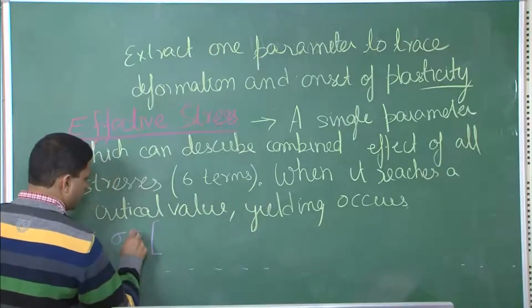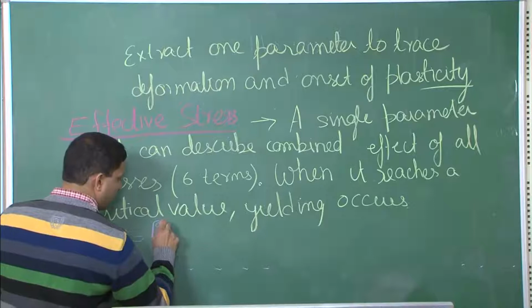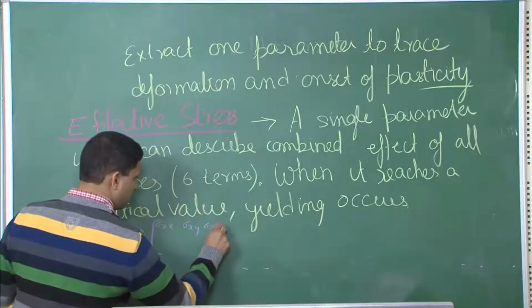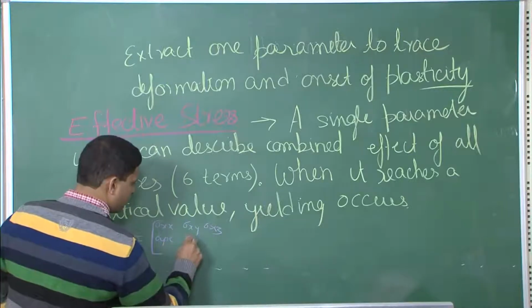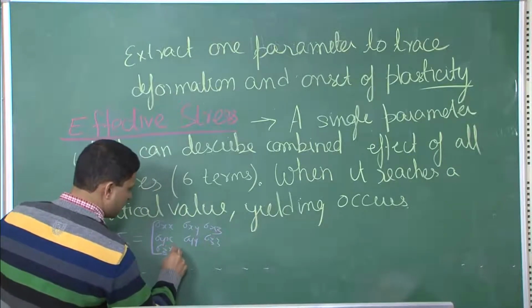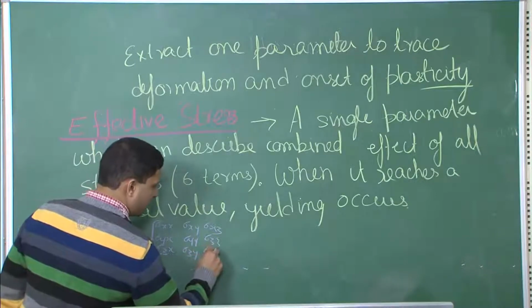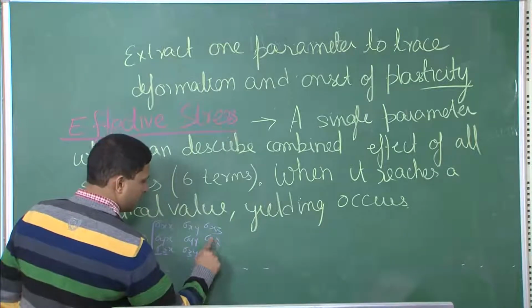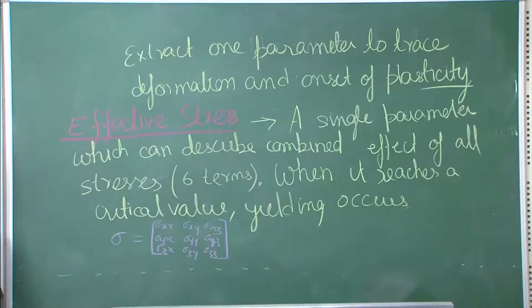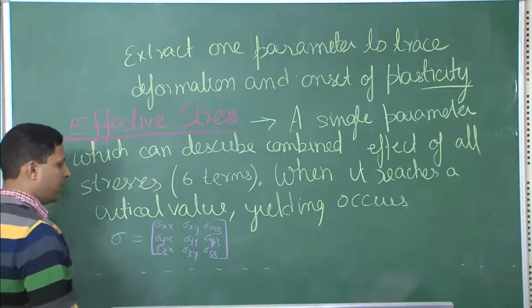Okay, so, what we are saying is that if you have a stress tensor given by this, again you remember sigma xx, sigma xy, sigma xz, sigma yx, sigma yy, sigma yz, sigma zx, sigma zy and sigma zz. Now, this has 9 terms, out of which 6 are independent.